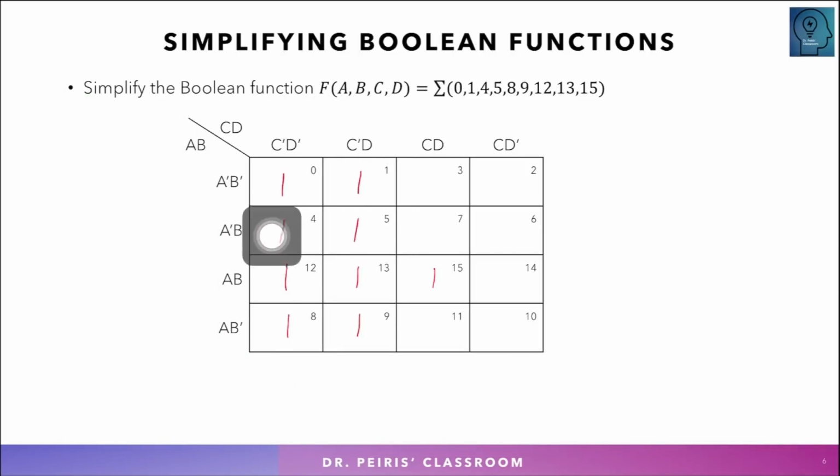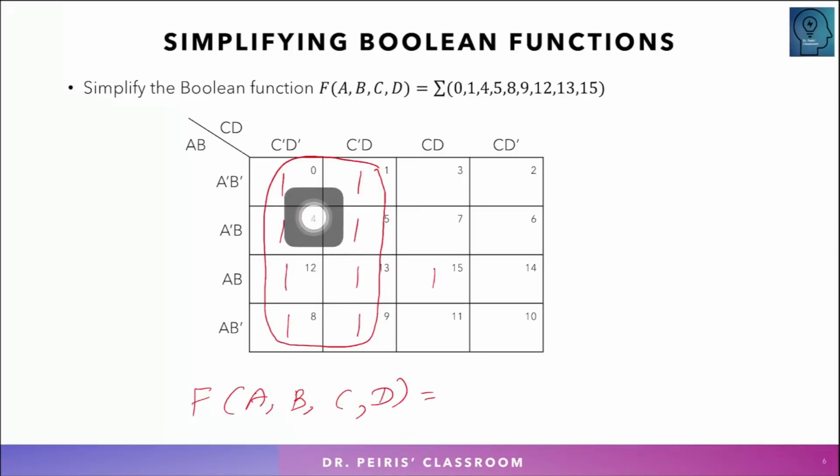If I combine these, I get 8 ones, which is a power of 2, which means I can make a larger group here because they are all adjacent. So what does that term correspond to?